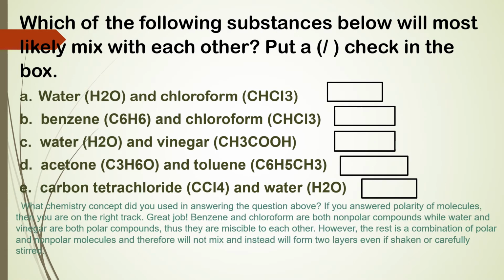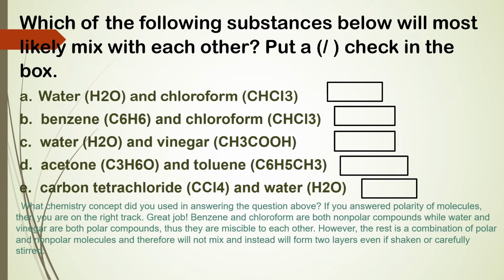So which of the following substances below will most likely mix with each other? Try to put a check in the box. You have here A to E: water and chloroform, benzene and chloroform, water and vinegar, acetone and toluene, then carbon tetrachloride and water.